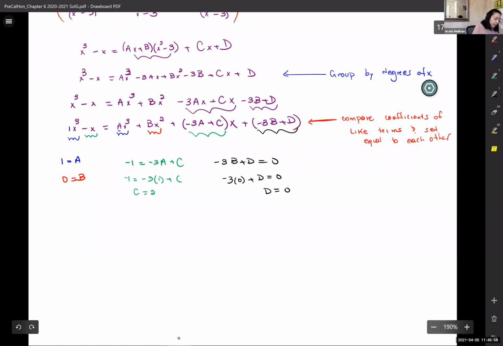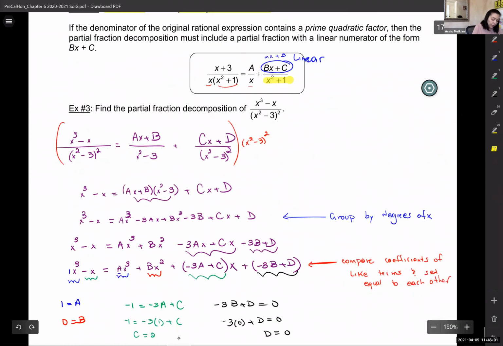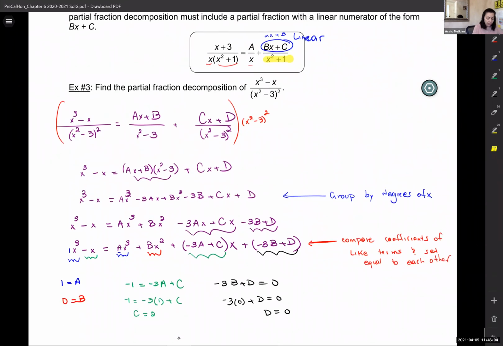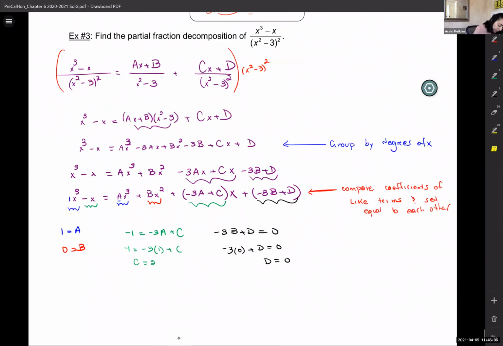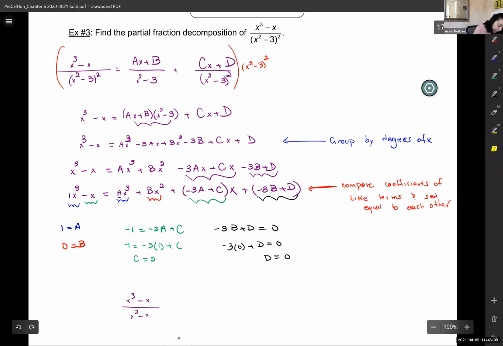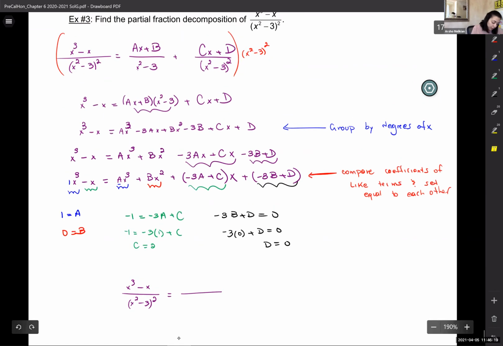Okay, let's get back. What was the equation? What was the right-hand side? So I had x cubed minus x over x squared minus 3 squared is equal to, okay, ax plus b, right? So ax plus b, so what is our a here? 1x plus b is 0 over x squared minus 3 plus, I got x squared minus 3 squared.